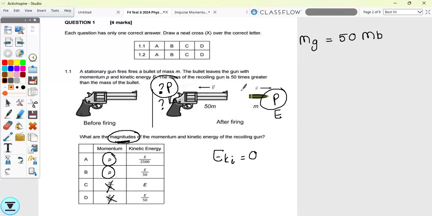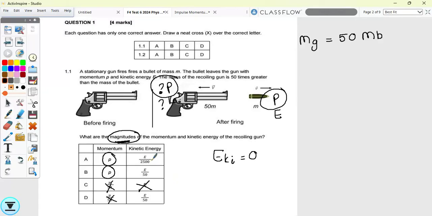So now if you're thinking about it, the momentums are the same. So this is P and this is P, but the mass is 50 times greater than the mass of the bullet. So we know the kinetic energy cannot be the same.